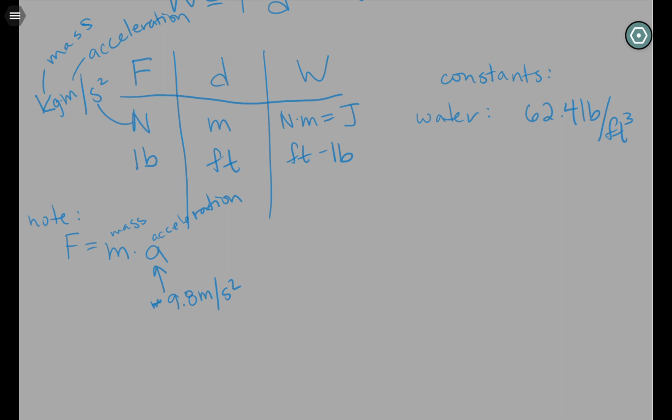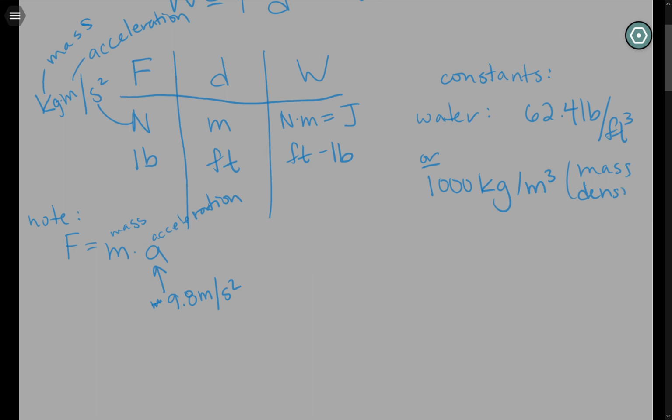Another one you might need if we're in metric is that the mass density of water is 1,000 kilograms per cubic meter. Again, this is mass density. If you're looking for the force, if you're looking for newtons, let me say it this way.